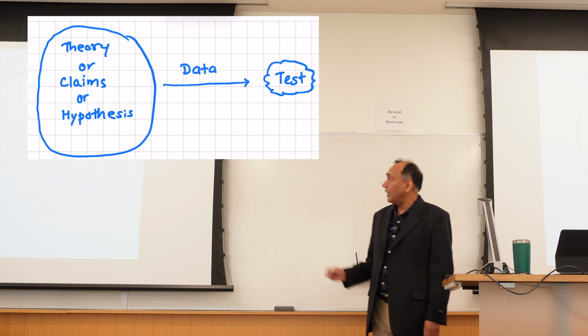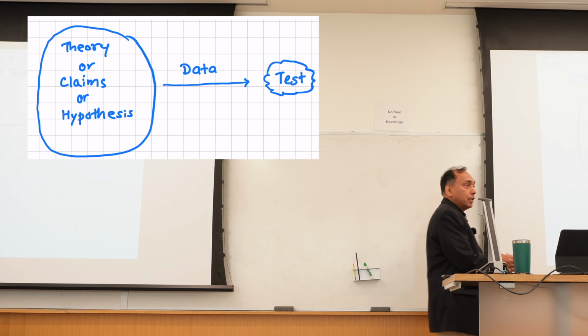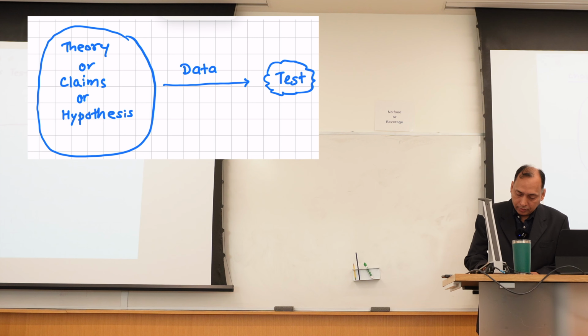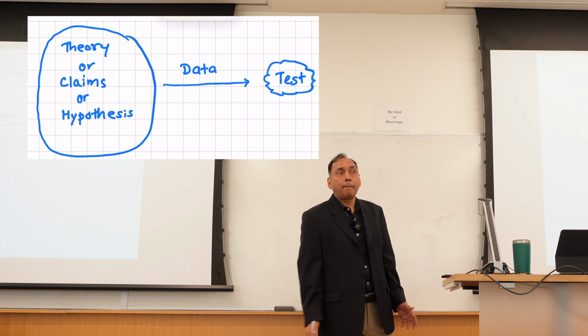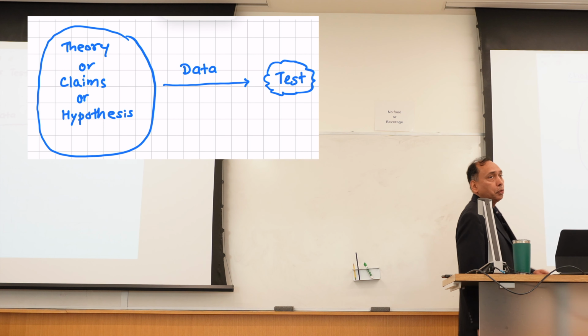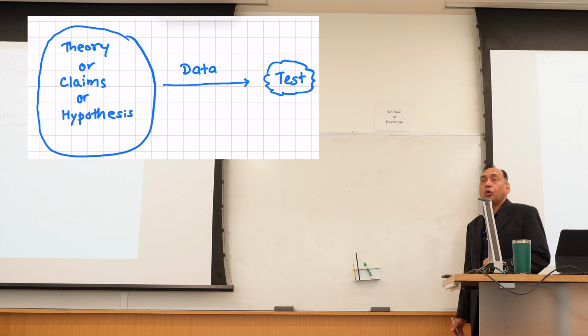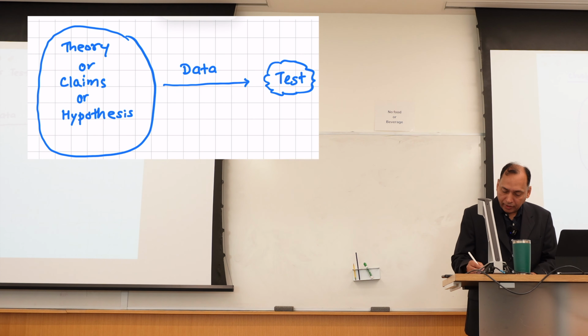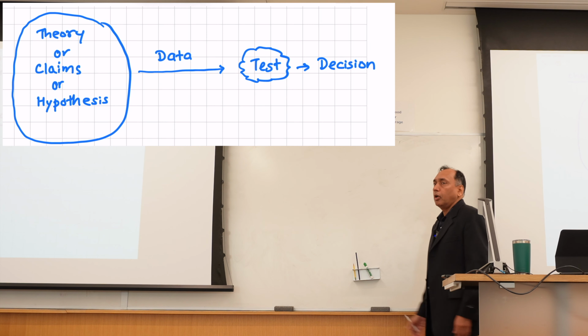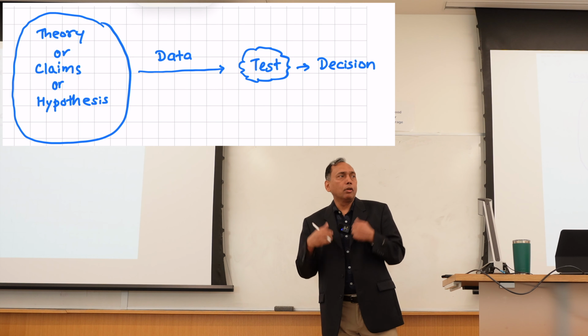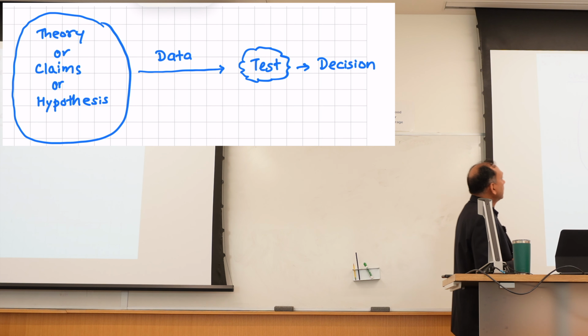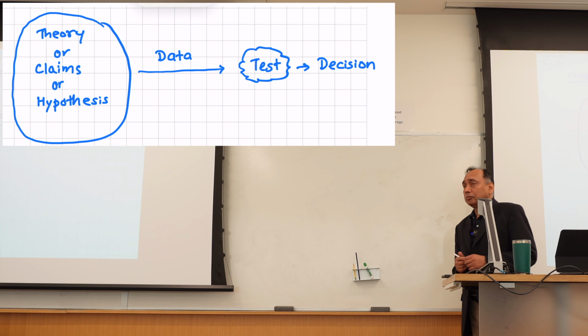How do we test whether this theory is correct or not? The only way is to use data. So we collect data and then check whether these theories hold or not. Based on that, you may have a decision in terms of accepting or rejecting that claim or theory.